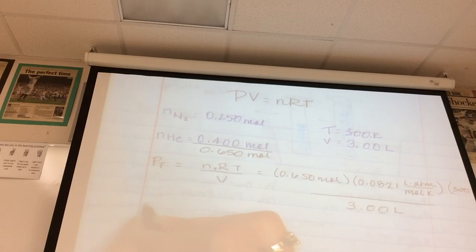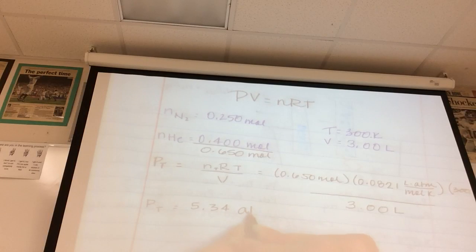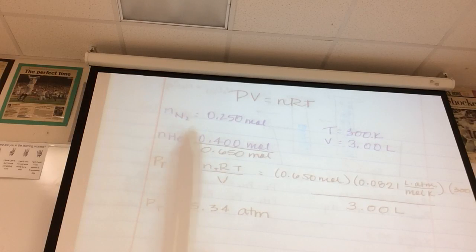And I'm getting a total pressure of 5.34 ATM. But Violet was absolutely correct in saying I could get the partial pressure of each one and then add them, but it did seem like more work.